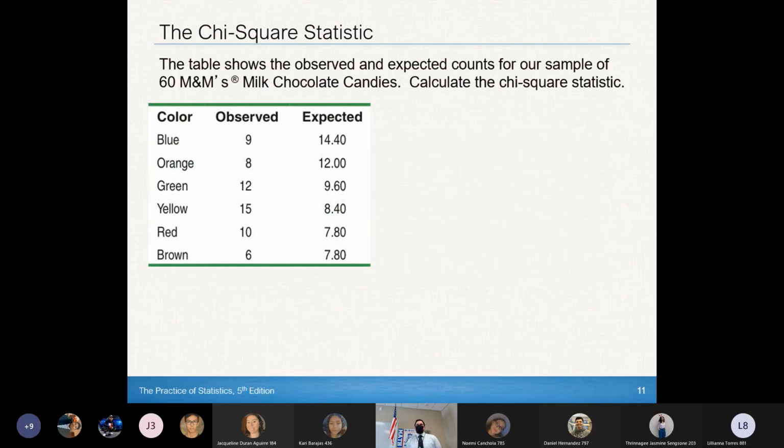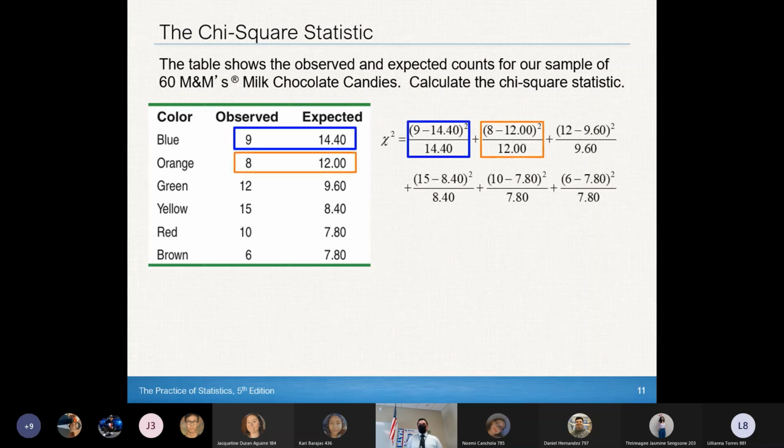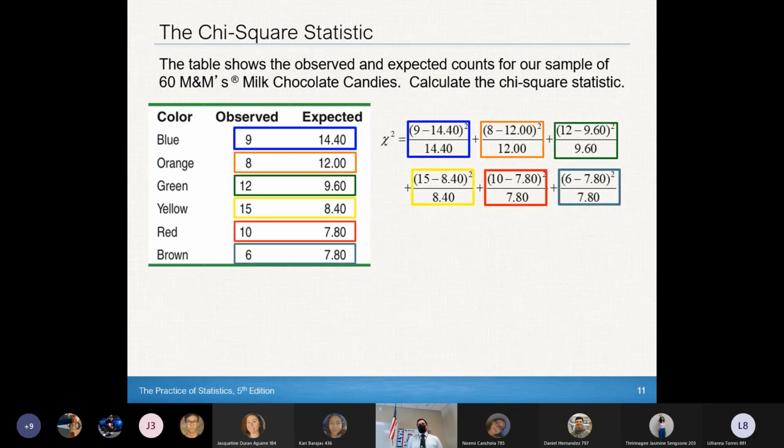The table shows the observed and expected counts for our sample of 60 M&Ms milk chocolate candies. We're going to calculate the chi-square statistic. The same table we saw previously, and here is our calculation, which also shows where each of those fractions came from. So we take the sum of these 6 fractions, because we have 6 colors, 6 categories within our categorical variable.